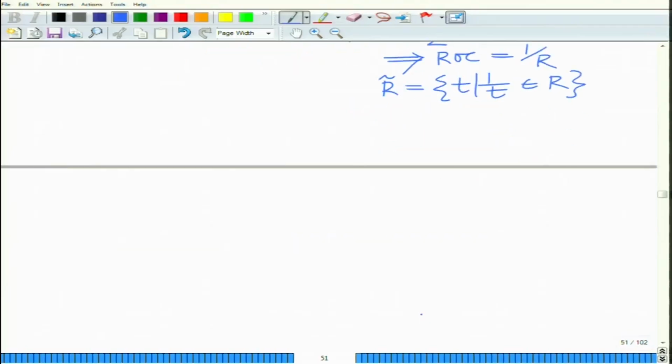Alright, let us look at another property. Let us see what happens when you multiply the signal by n.